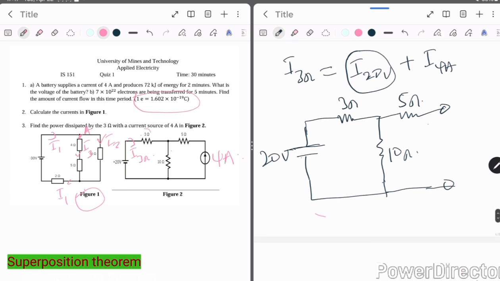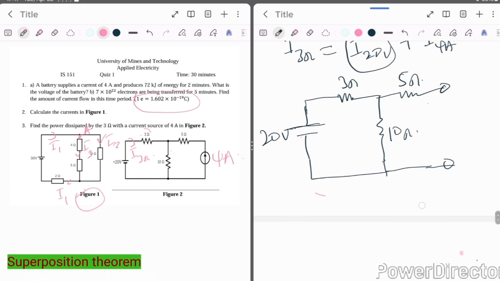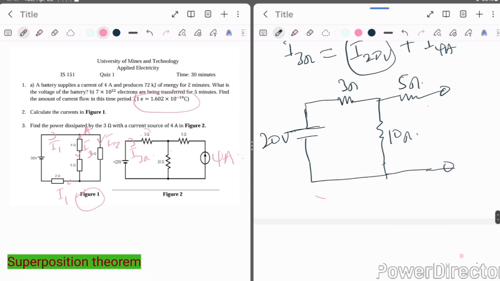You can see I just removed the current source so that the current flow there is 0. So if you have current going through the elements in the circuit, you can see that it will go through 3 ohms. The 5 ohms here is open, so no current flows there. It can just pass through and come to this.